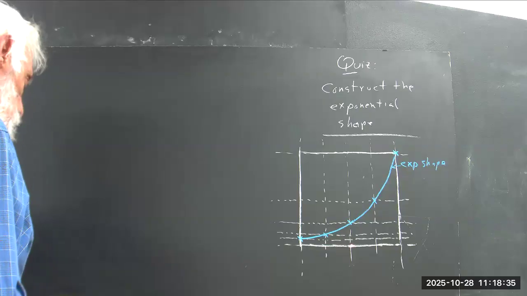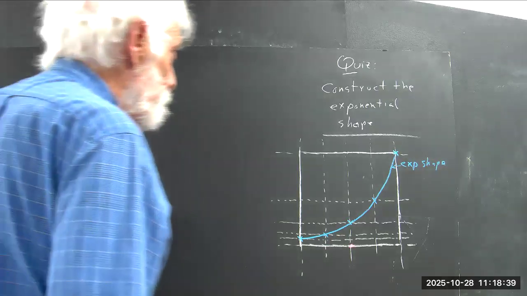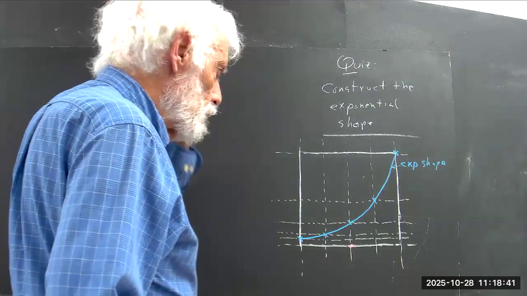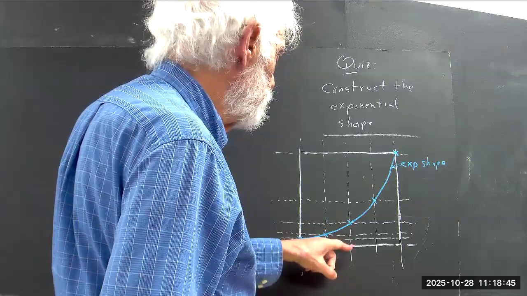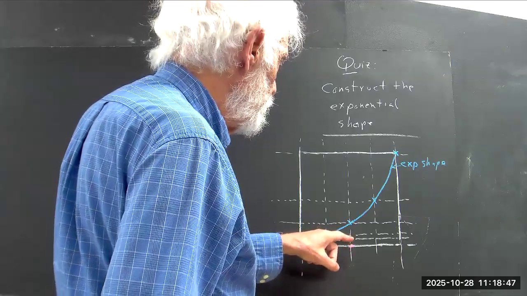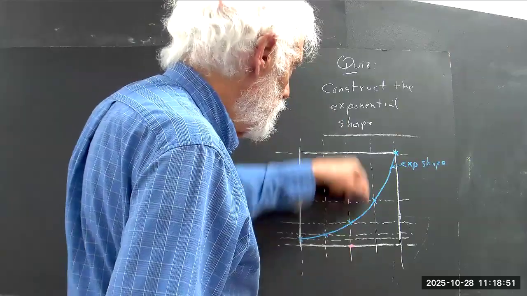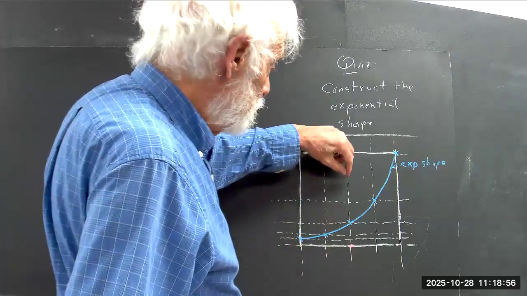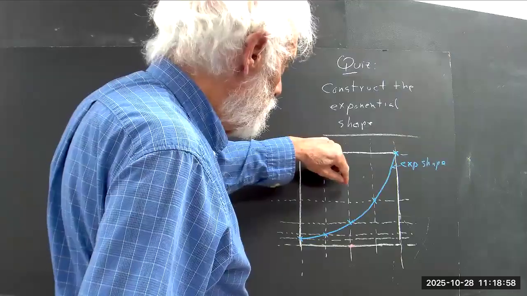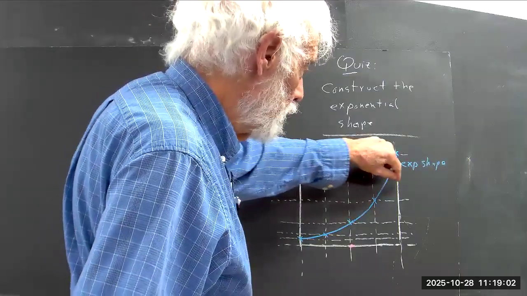Now I want you to sketch a couple more lines. I want you to sketch the line halfway between the center, the vertical line through the center, and the line to the right. So halfway between the vertical center line and the line just to the right, and then halfway between that line and the right edge.